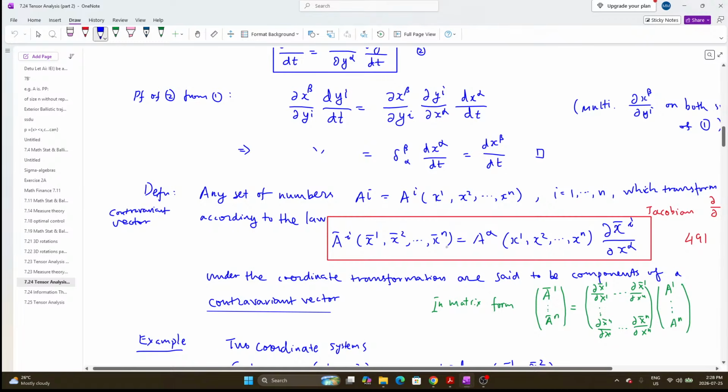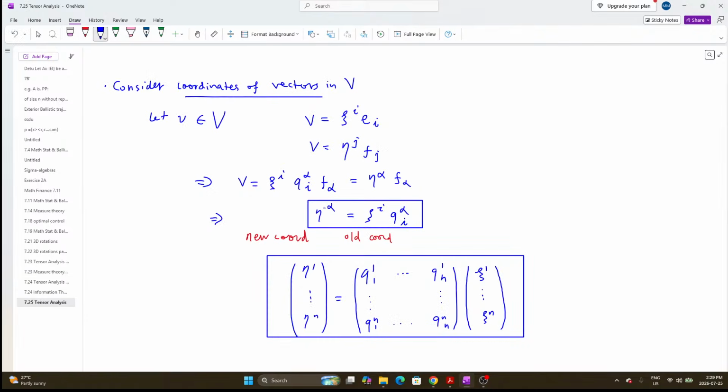You see, here we're dealing with curvilinear coordinates in general. So instead of a constant matrix, you have the Jacobian. But the law is the same. Contravariant vectors transform this way. Okay, so let's write that down. Compare with what we had yesterday.